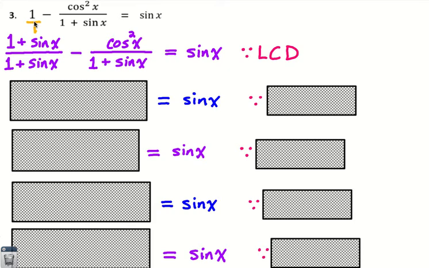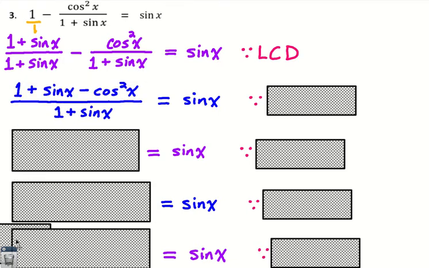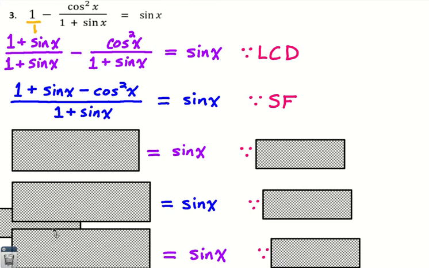And so 1 over 1 becomes 1 plus sine over 1 plus sine when you give this fraction the same denominator as this fraction. And as always, immediately after making common denominators, you combine the fractions here by subtraction, and you get to here.